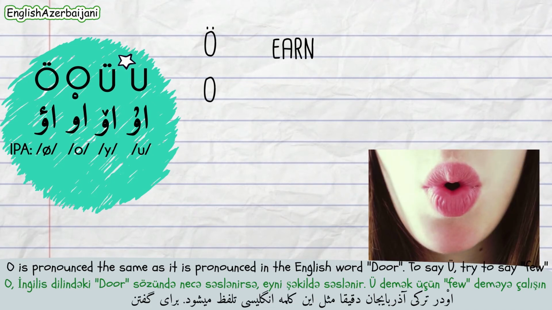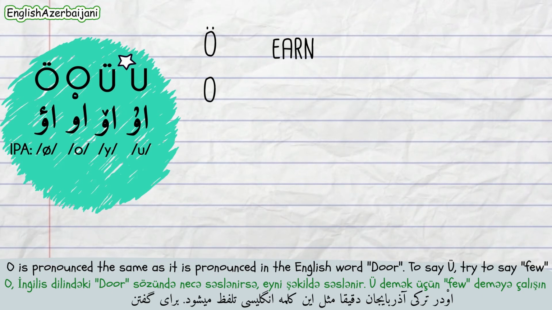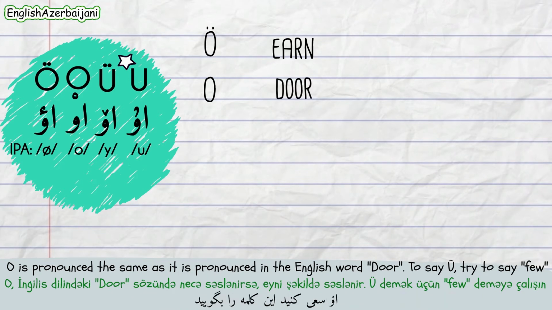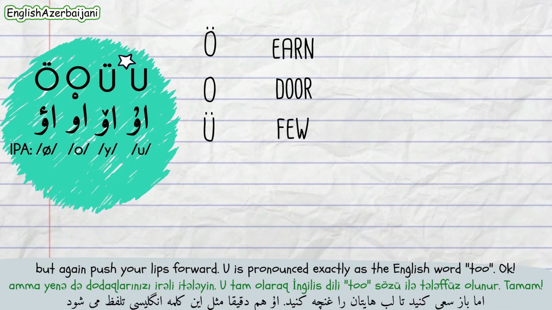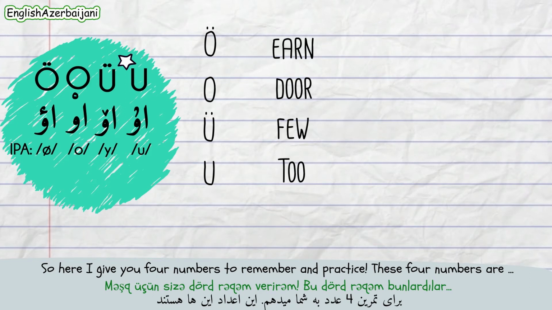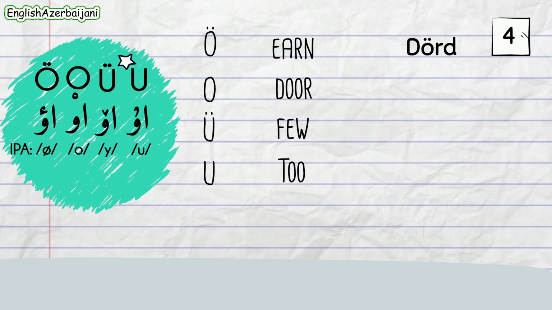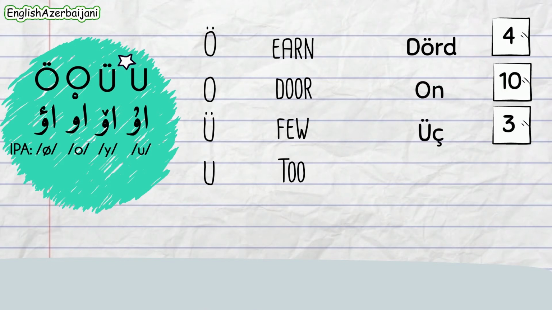O is pronounced the same as it is pronounced in the English word door. To say Ü, try to say few, but again, push your lips forward. U is pronounced exactly as the English word two. So here I give you 4 numbers to remember and practice. These 4 numbers are 4, 10, 3 and 9.